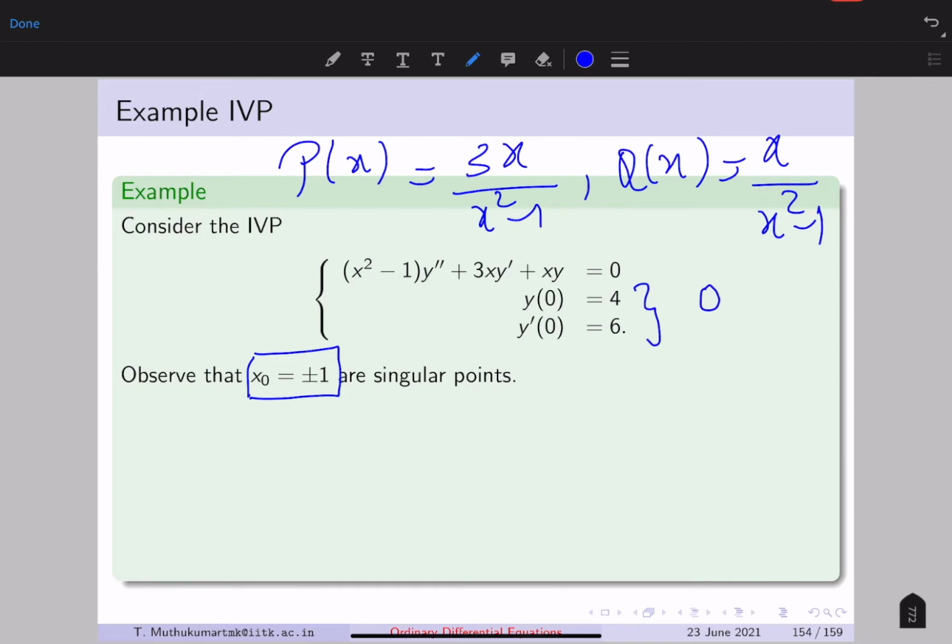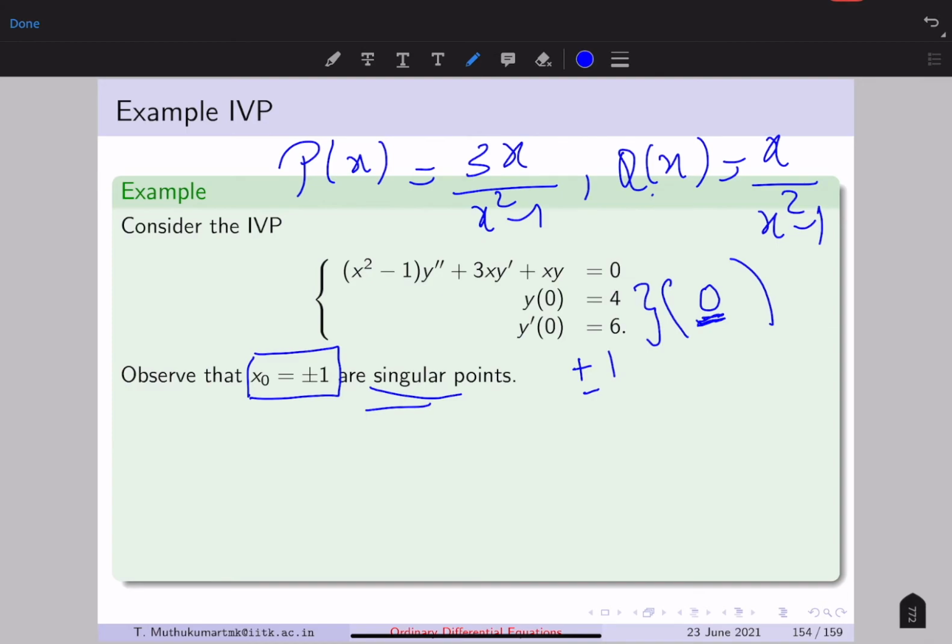Since we want to solve only about the point 0, we only need to check whether the coefficients are analytic at 0. If the point were either plus 1 or minus 1, then we would be in trouble. Then there would be singular points. But the points where the coefficients are singular are not going to affect the solution, because the initial value is prescribed at 0, so you only need a solution around 0.